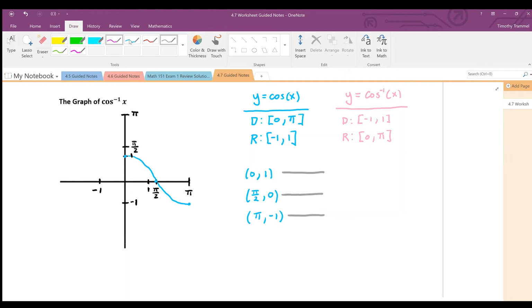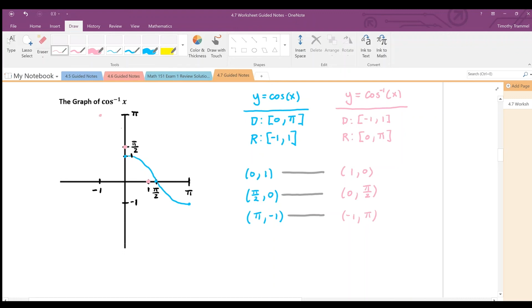And if we do that, we end up with 1, 0. Why don't we graph that one? 1 comma 0, that's right here. And then 0 comma pi over 2, which is up here. And then one more, minus 1 comma pi, which is all the way up here.